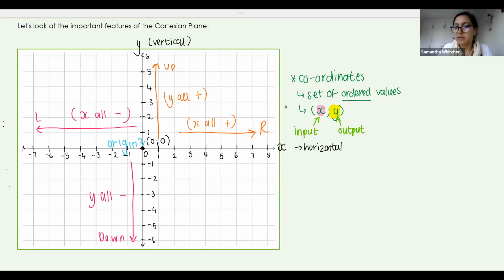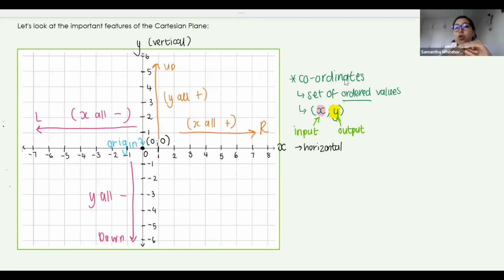Right, Atlahan? Ma'am, if it's vertical and horizontal, they're basically the same. What do you mean the same? Like, ma'am, positive and negative. Exactly, exactly.